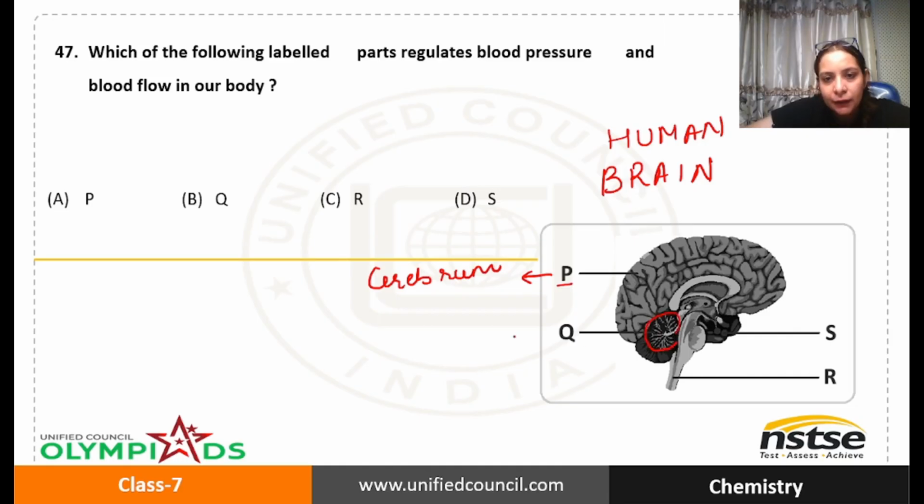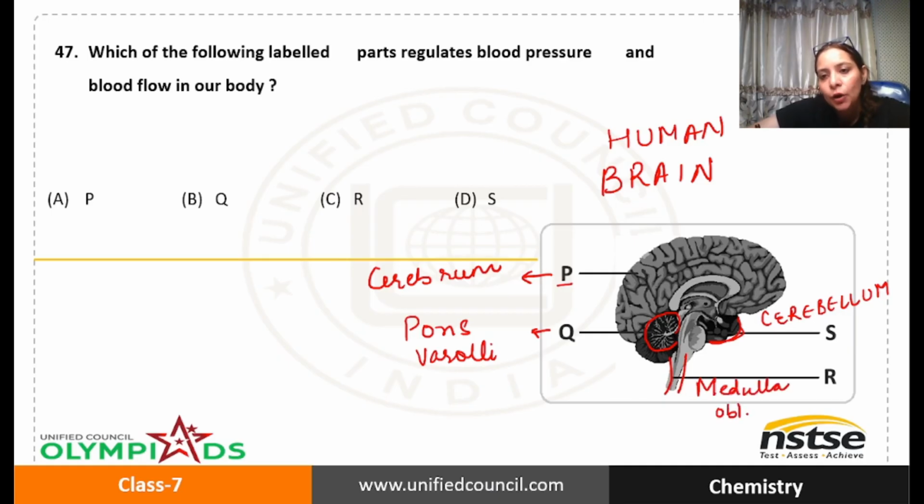The round body identified as Q is pons varoli. This part is the cerebellum, the second largest part of the brain. And this R extends into the spinal cord and it is the brain stem, or medulla oblongata.